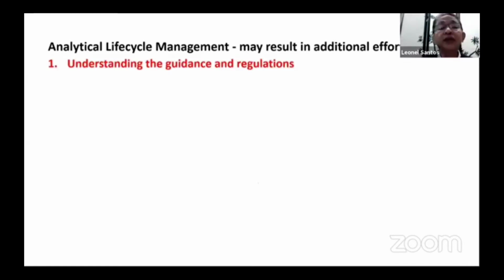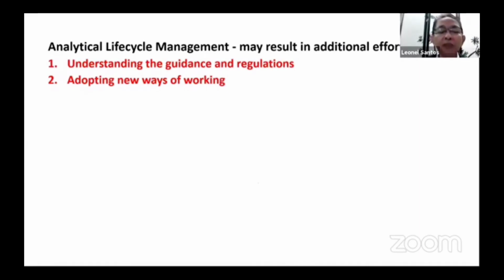Now, the analytical lifecycle management may result in additional effort in terms of understanding the guidance and regulations. So the guidances are more on the regulatory side, and regulations require adapting new ways of working. So in a setting, in an industry lab, for example, or even in a regulatory lab, a method always goes through method development and validation.